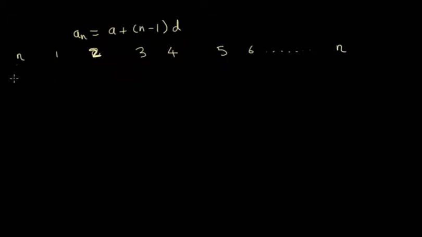And here we've got the terms in the sequence. The first one is a, then the next is a plus d, since 2 minus 1 is 1. Then the next is a plus 2d, and so on, up to a plus n minus 1 d.